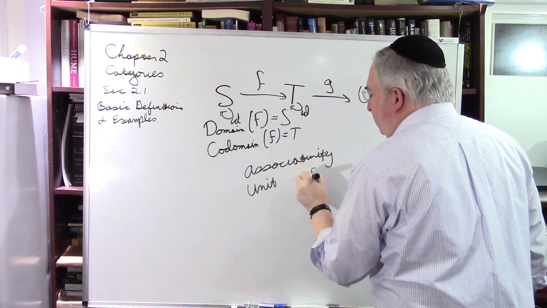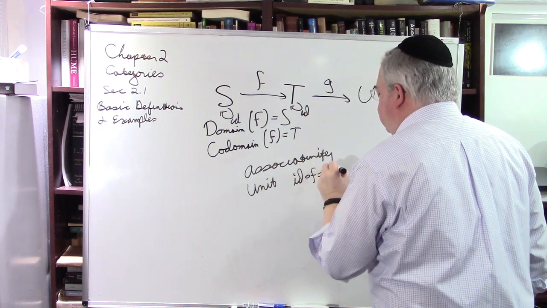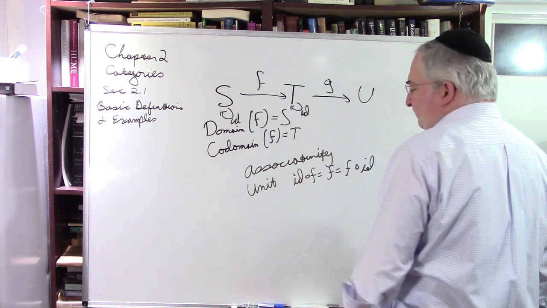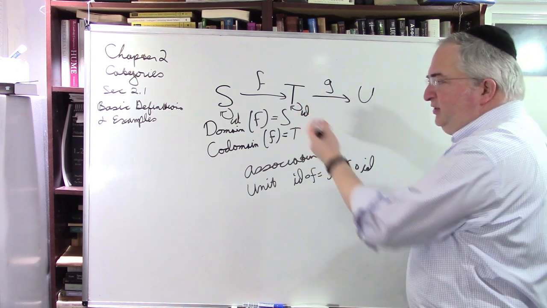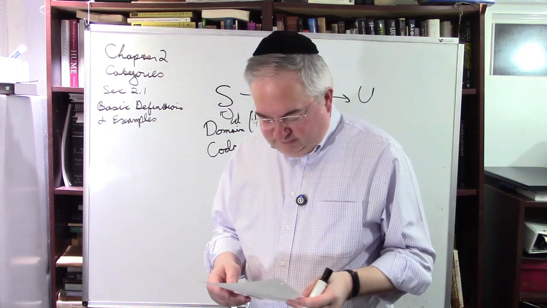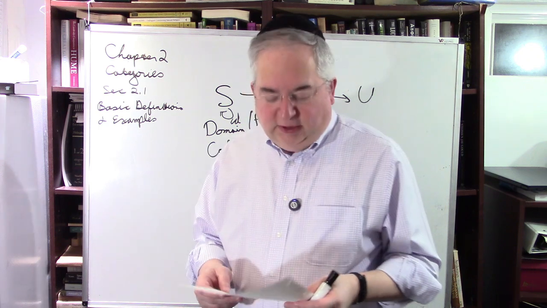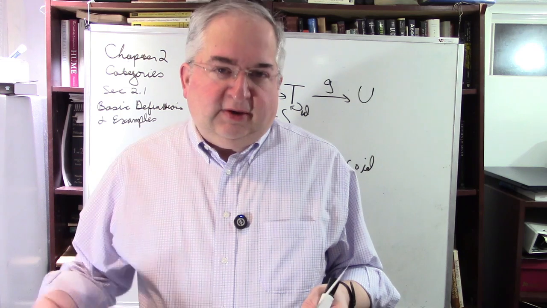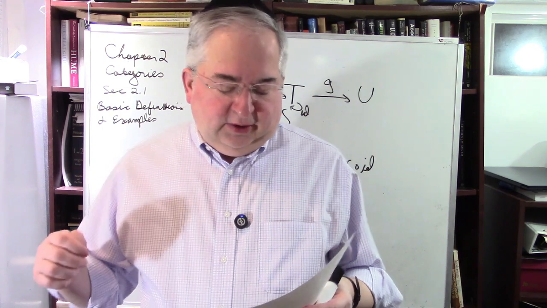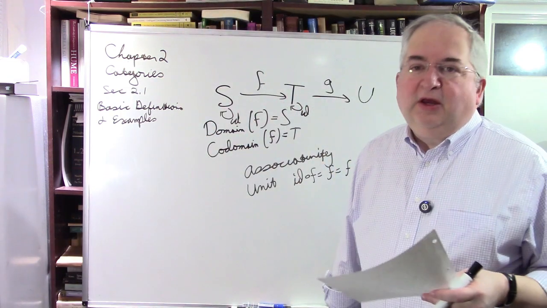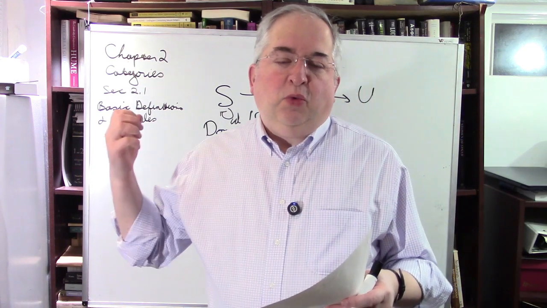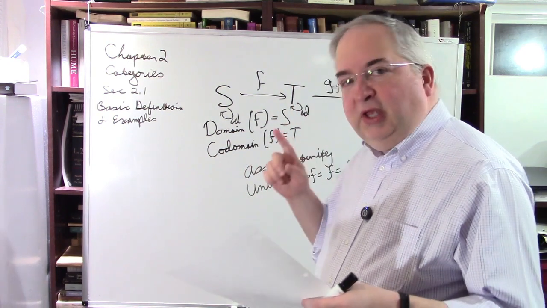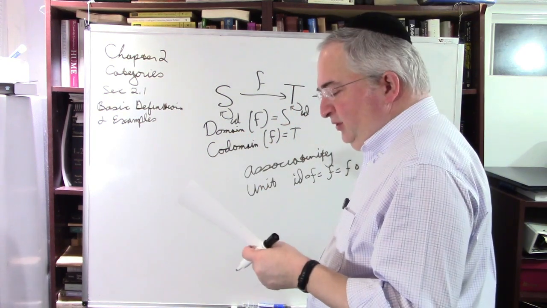And so F composed with identity is equal to F, which is equal to identity composed with F. This is something that sets satisfy. What we're going to see is that these types of things are going to be satisfied by all categories. So we have to remember what we did in sets, use that as a helpful aid, and then realize what happens.